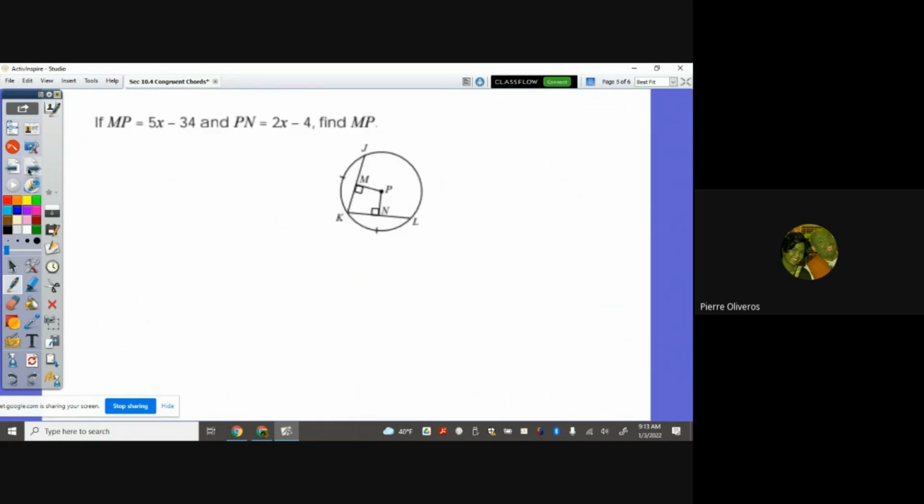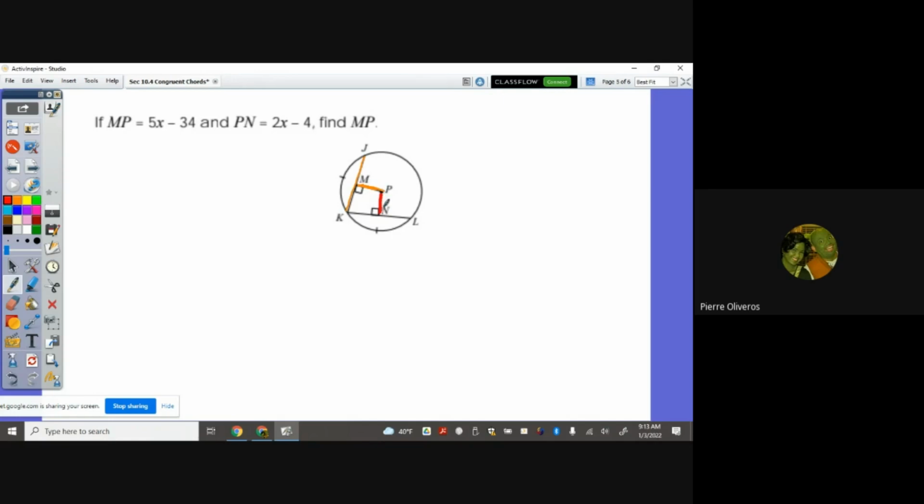MP is right here. It's the segment from the center to the chord JK. And if MP is 5x minus 34 and PN, which is this red one, is 2x minus 4, find MP.